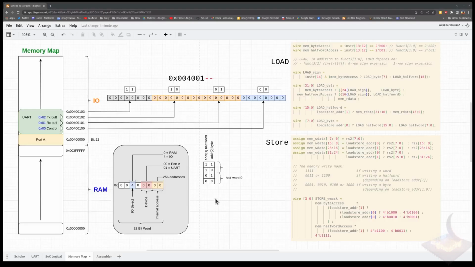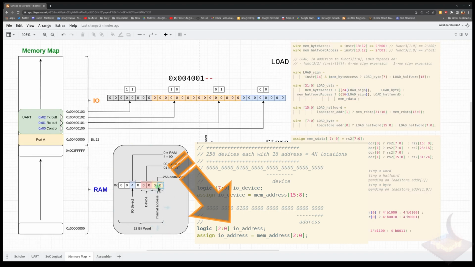Next we need to look at how the memory mapping works in conjunction with the SoC and the Femto. And keep in mind that our UART component is an 8-bit component, but the Femto is a 32-bit component. So first off, I'll talk about how I granularize the whole thing a little bit more. The entire word shows up as an internal address that you can drive to your component.